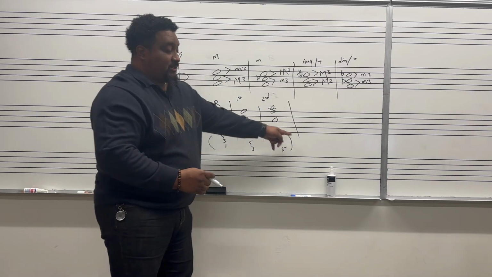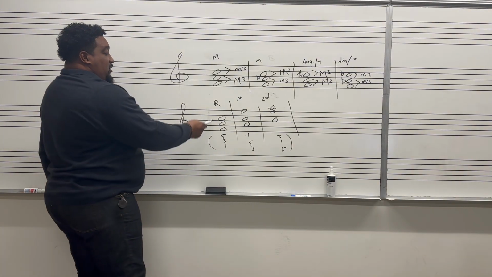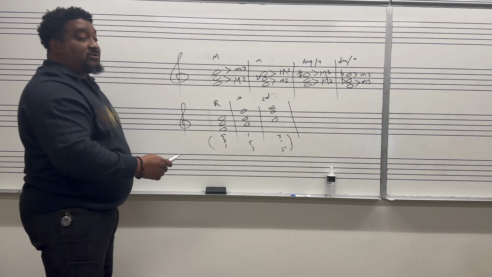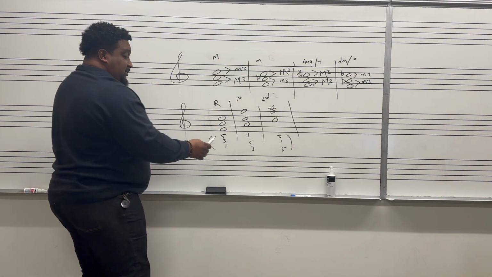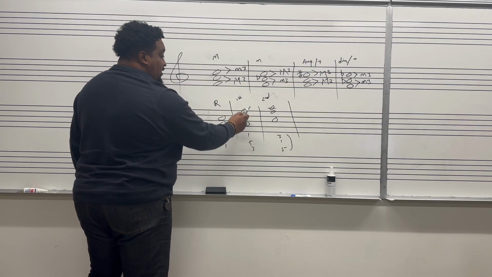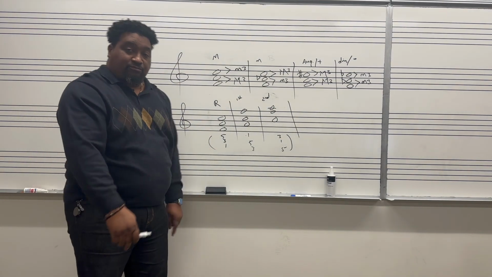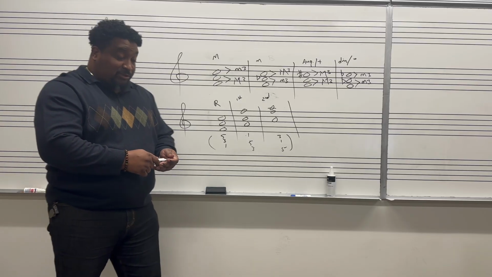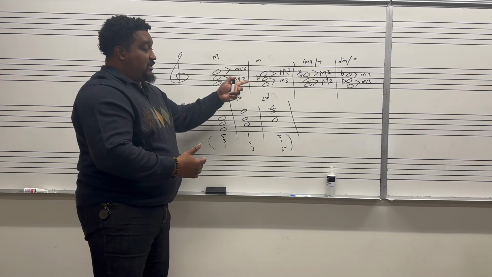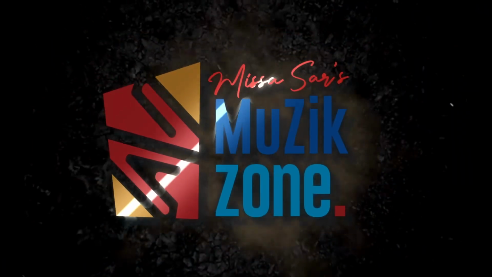Based on the numbers, you know exactly what inversion it is. So root position, first inversion, second inversion. And notice where the root note is. If the root is on top, you know that's a first inversion. If it's in the middle, it's a second inversion. If it's at the bottom, that's a root position chord. And that's pretty much it about triads and how they relate to intervals. Yeah. See you next time.